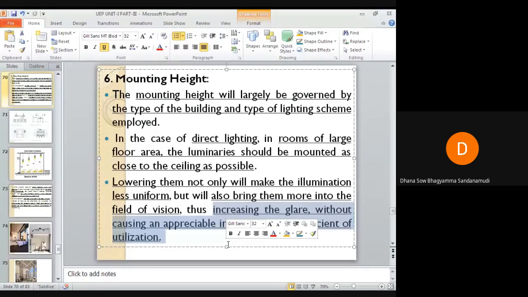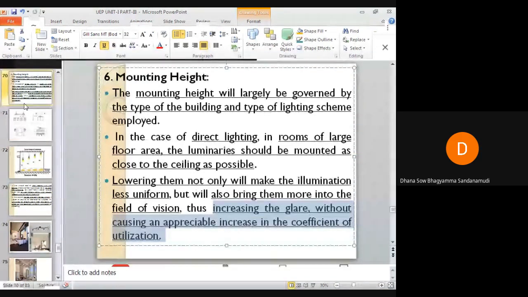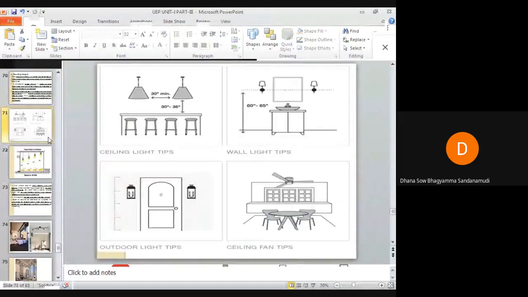So it may increase the glare to our eyes if these direct lamps are fixed at a height a bit closer to the surface, not completely closer, but a bit closer.